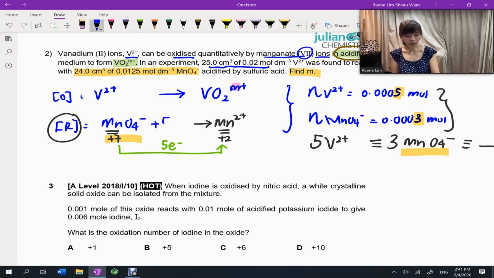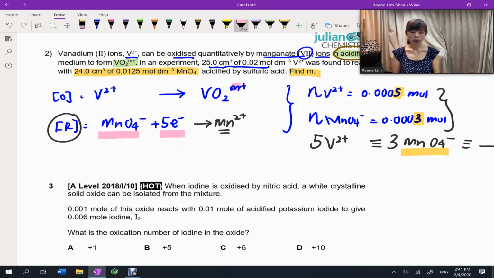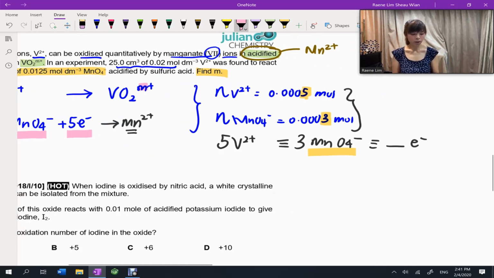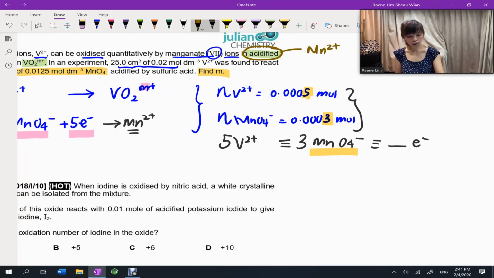Let me put the 5 electrons in the equation so that you can see the mole ratio a little more clearly. I don't have to balance the half equation. I just need this unbalanced half equation, because basically I just need the mole ratio between MnO4- and the electrons. Since there are 3 units of MnO4-, and 1 unit gives 5 electrons, 3 units must give a total of 15 electrons, right? So that's what you need.